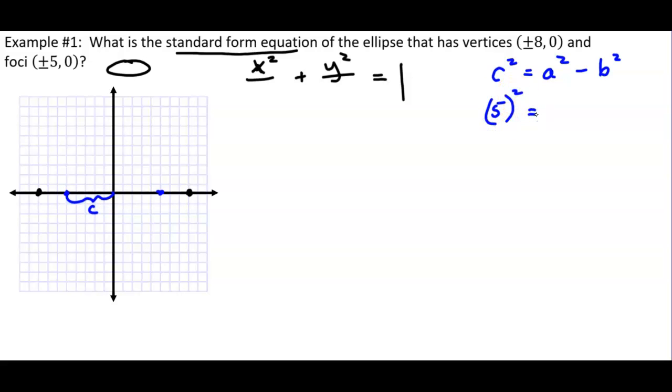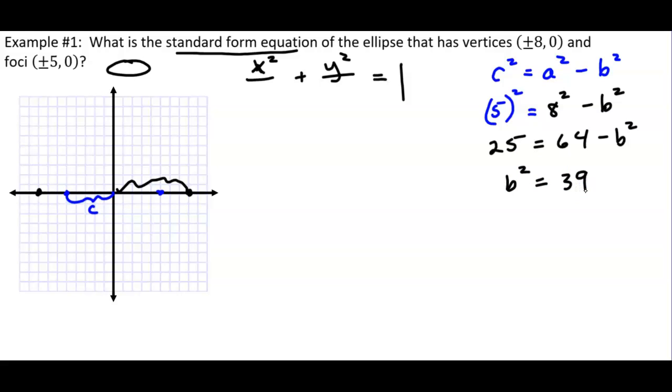And then I know my a distance there is 8. Okay, so 25 equals 64 minus b squared, or let's see, b squared equals 39, I think.